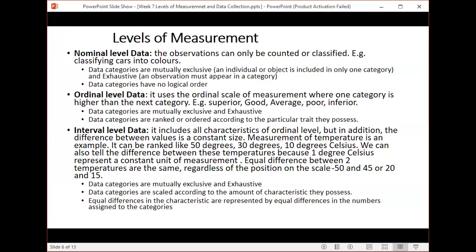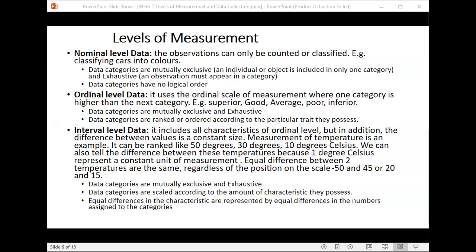So even though I'm counting and classifying, which is what the nominal level data was doing, I'm also giving some order in the way of categories that I'm forming. That is what makes it superior to the first one, which has no order. So it's only the order in here that makes the second level of measurement higher on the scale than the nominal level data, which was the first one.